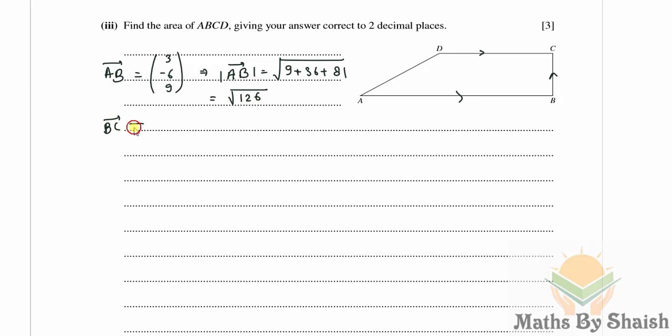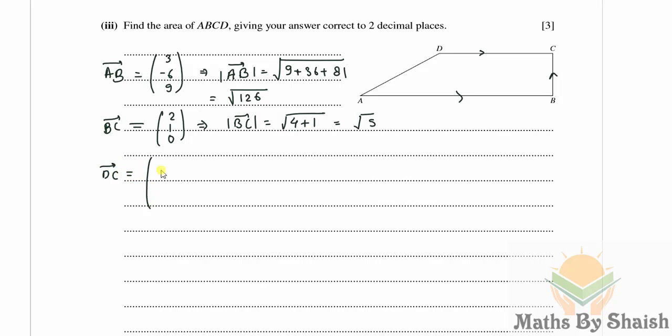And then BC vector also we have. BC vector was (2, 1, 0). So from here the magnitude of BC vector would be square root of 2 square, that is 4, plus 1 square 1, and plus 0 square, so no need to write, it is square root of 5. And the last is DC vector, which we have got in the previous part also.